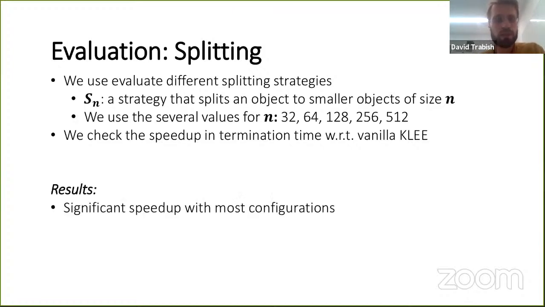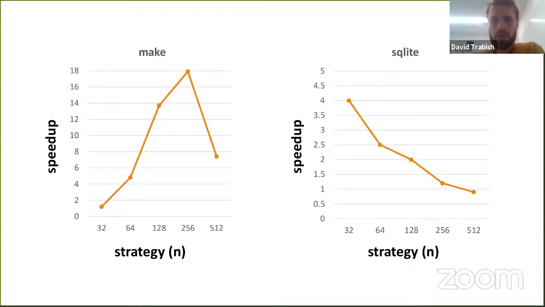The overall result is that in most configurations, we were able to get a nice speedup. Throughout the evaluation, we observed two main patterns. For example, in SQLite, we observed that with smaller values for n, we got more speedup.